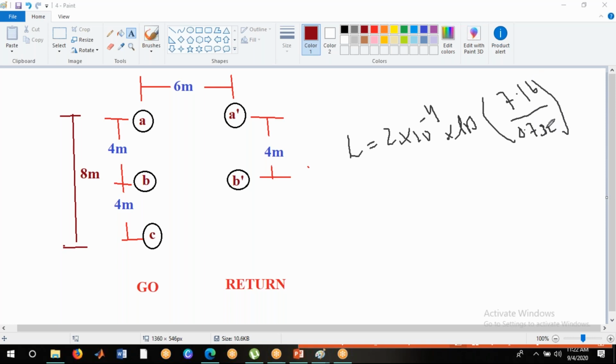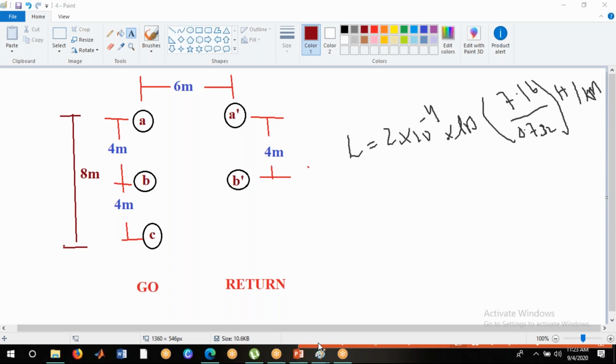And its unit is Henry per kilometer. Find the inductance value here. 0.45 millihenry per kilometer. Let me check.